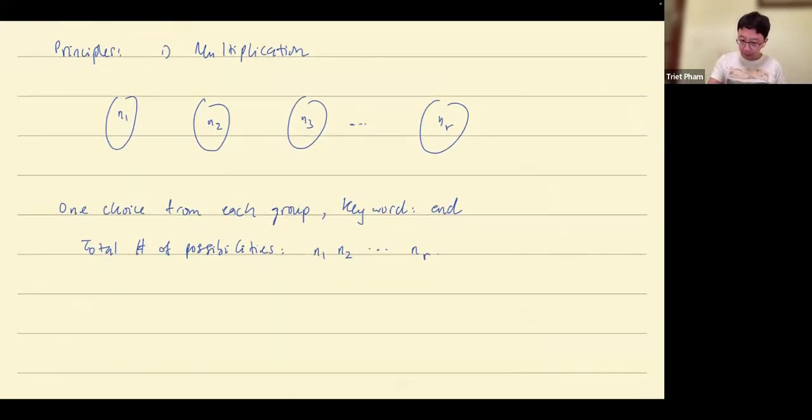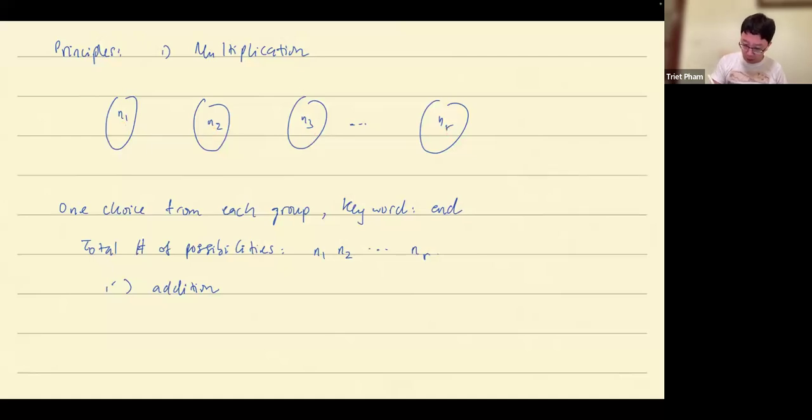And now, I want to say this because the following is not really something that the book mentioned, but you can say here's one more: the principle of addition. It's not really a principle, but suppose that you make one choice from group one or group two or group three or group r.